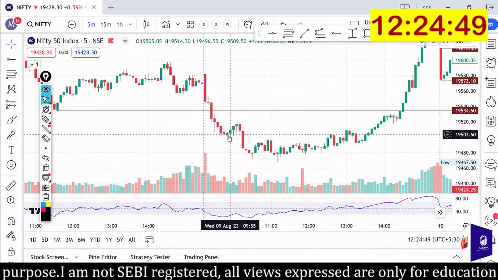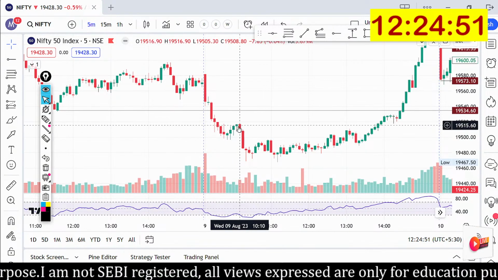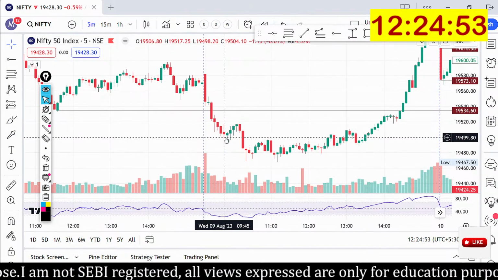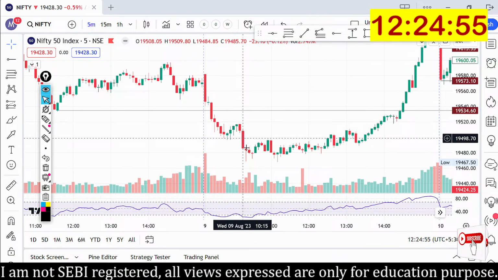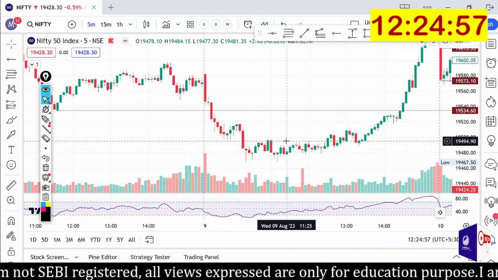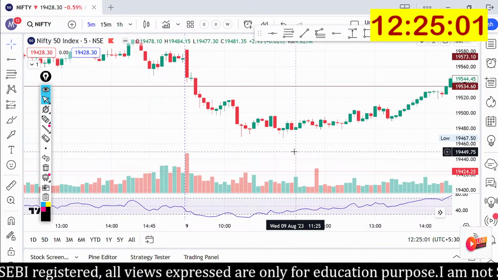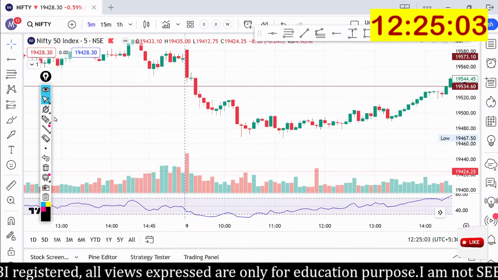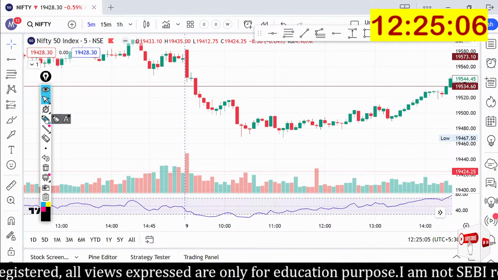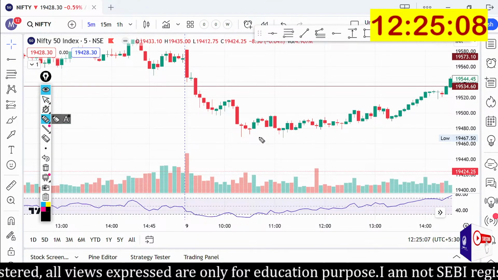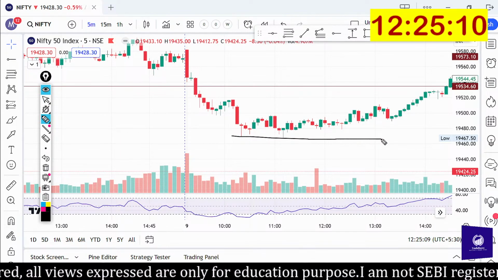Some weak buyers try to come and take support at these levels. Then again the selling came up. Now look at the important part here. Look at this particular area.